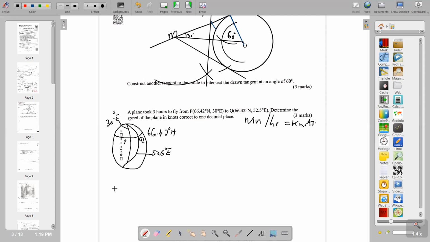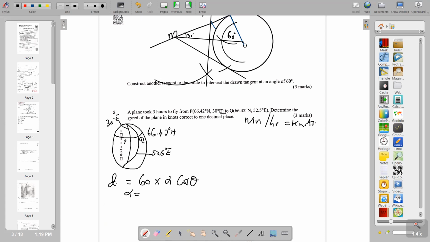It is along the small circle, so that is the distance along the small circle in nautical miles. The distance will be equal to 60 multiplied by the difference in longitude and then cos theta. Remember, this theta is the latitude. So first of all, you need to get the angular difference, that is the difference in longitude.